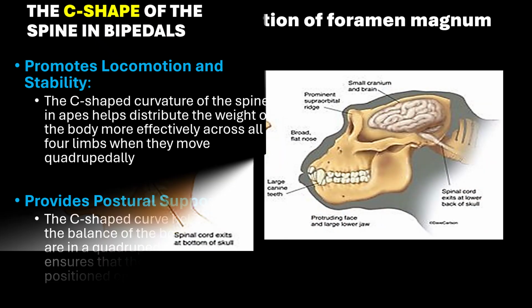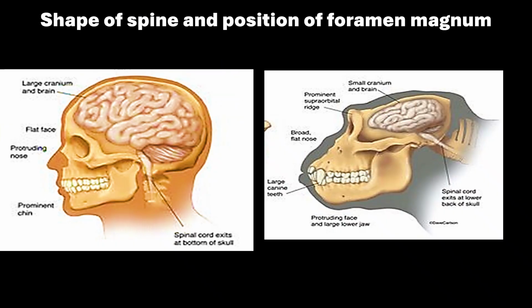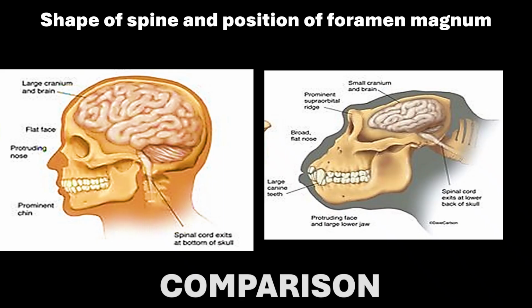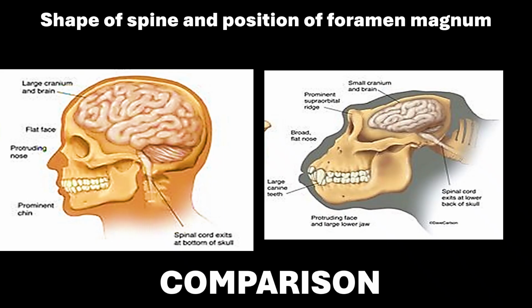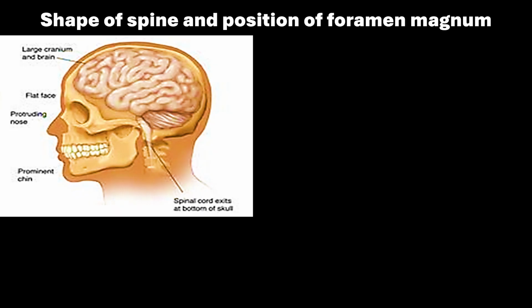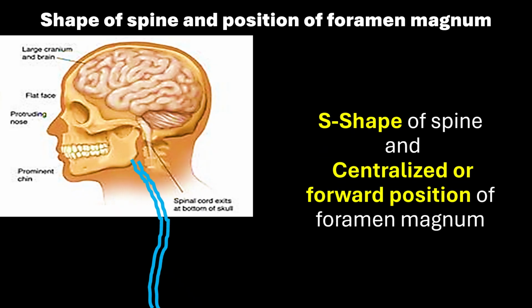Good. Now let's go on to the shape of the spine and the position of the foramen magnum as we conduct a comparative analysis of it. For humans, our spine is S-shaped and our foramen magnum is forward.